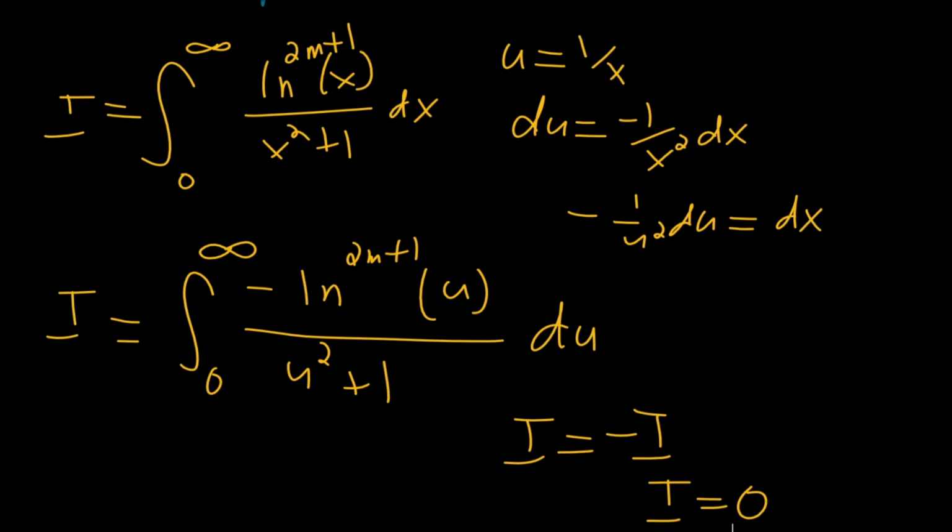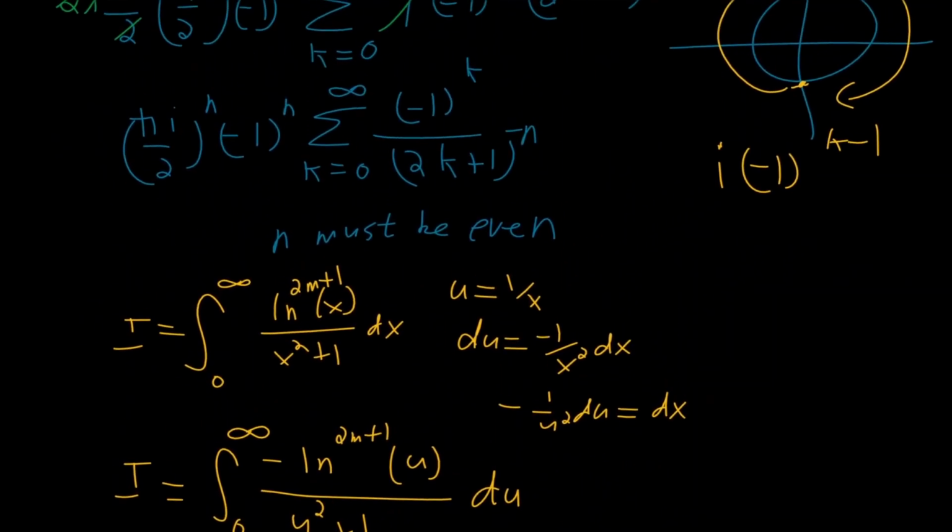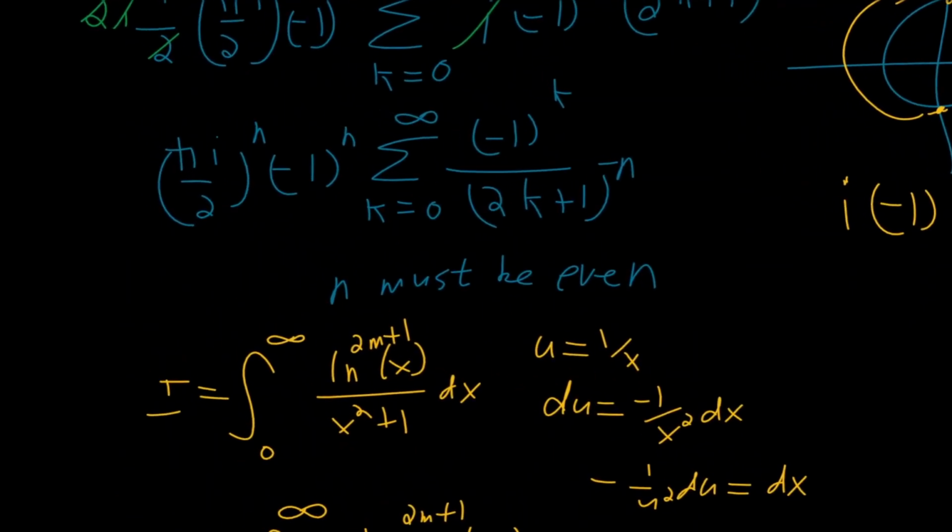So in either case, n must be even, because whenever n is odd, we either get an imaginary part right here, which completely doesn't make sense. Also, a side note that the Dirichlet beta function is actually just 0 for every negative odd integer, which is another way you could have done this. But you could also say we get an imaginary part, which doesn't make sense, and also, just by this transformation, the integral is 0. So at any rate, n must be even.